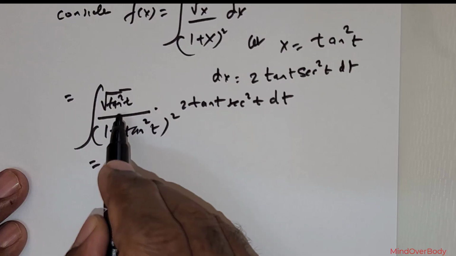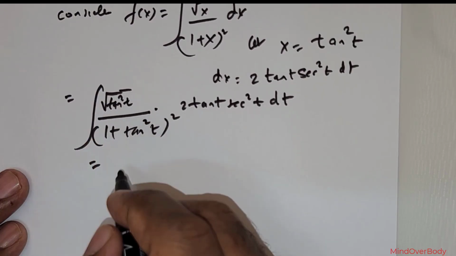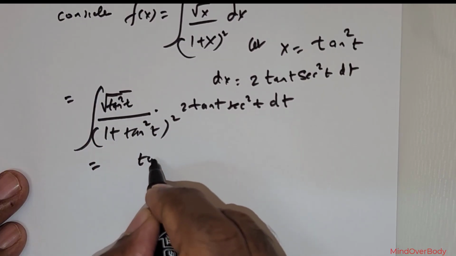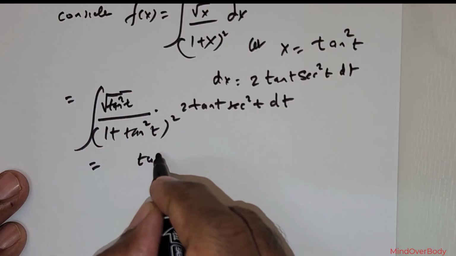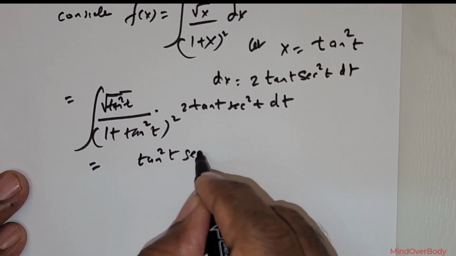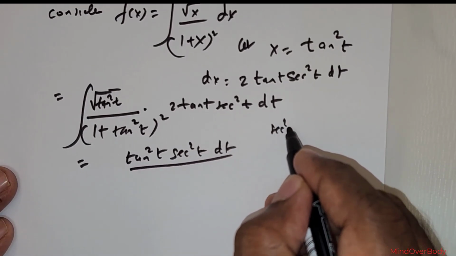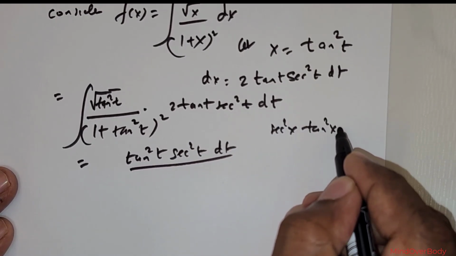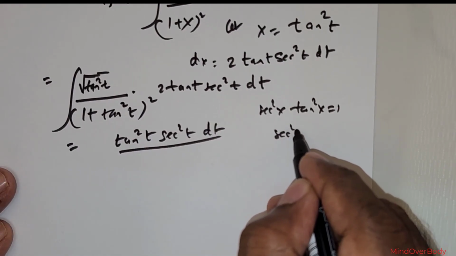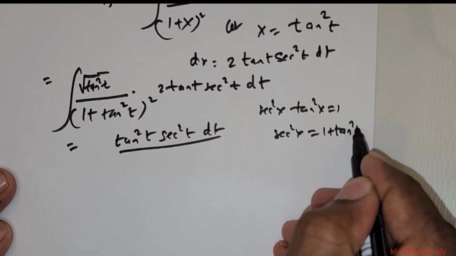So this square root will reduce the degree to 1. So you have tan t, you have a tan t, so it's going to be tan squared t times secant squared t times dt. Now secant squared x minus tan squared x is equal to 1. So that means secant squared x is equal to 1 plus tan squared x.